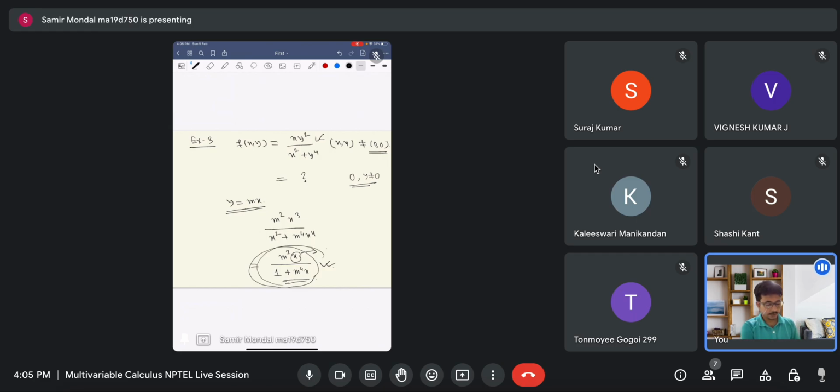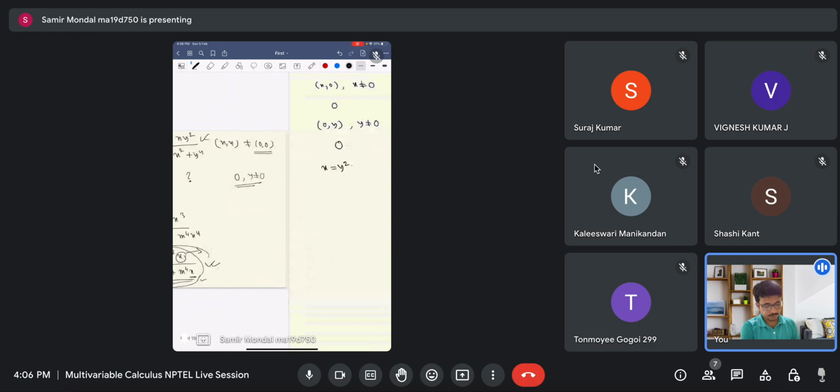So from this path also we can't say anything properly. Only one can tell that when x is approaching 0, we will get the limit is 0. Easily from here, when someone puts x equal to 0, we will get the limit is 0.